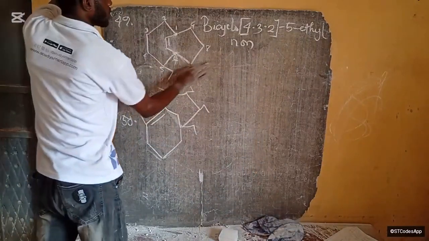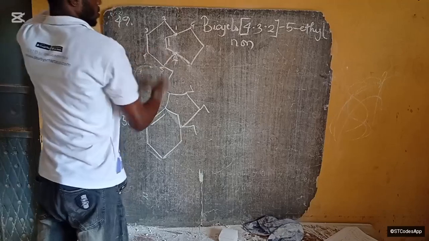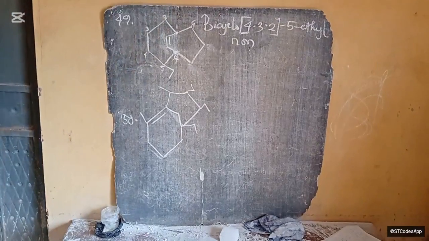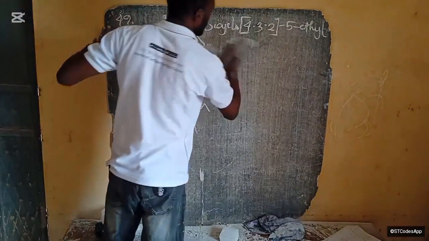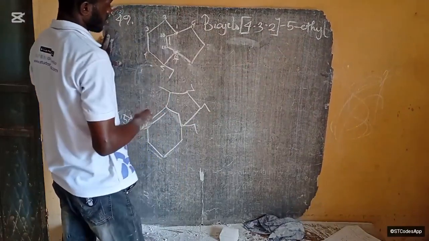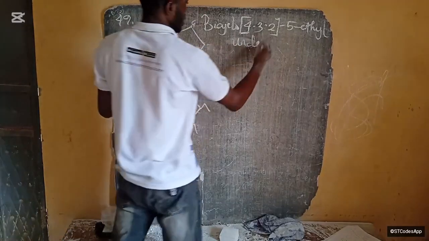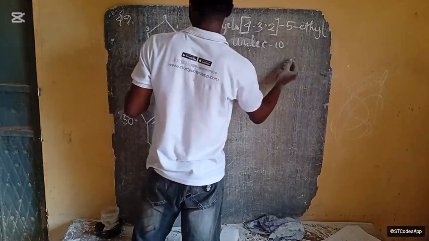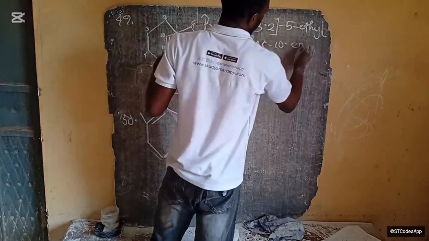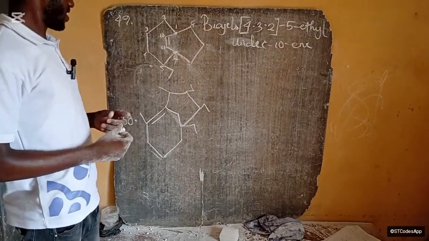Yeah, it's supposed to be this. Go from this to this, then to this. This is going to be what? Okay. So it's going to be ethyl, because it's 9, this will be 10 and 11. Okay? So that will be on dec, 10-ene. Wow, that looks very big. But anyways, that's going to be the name.